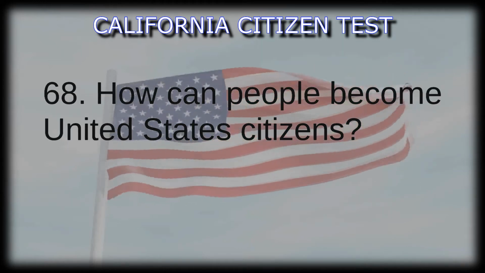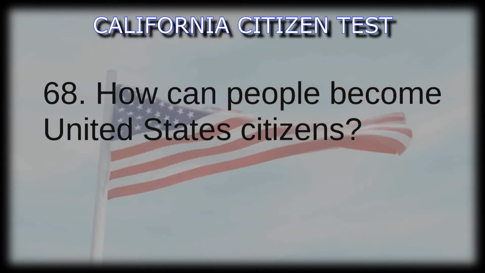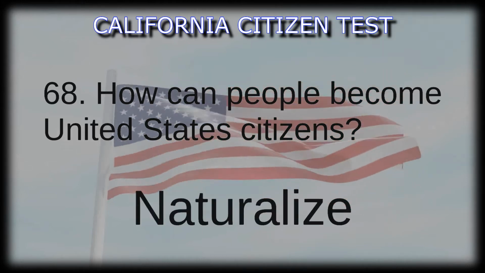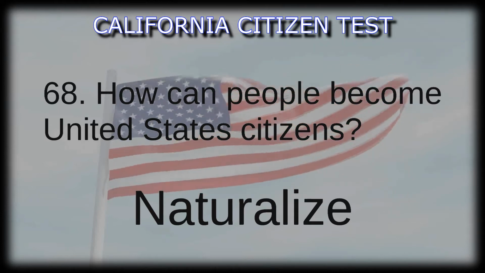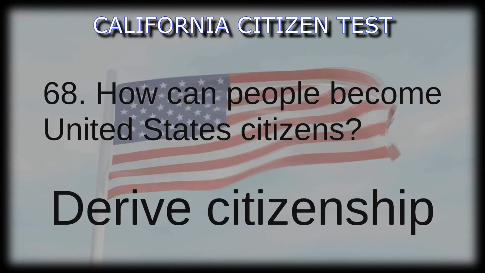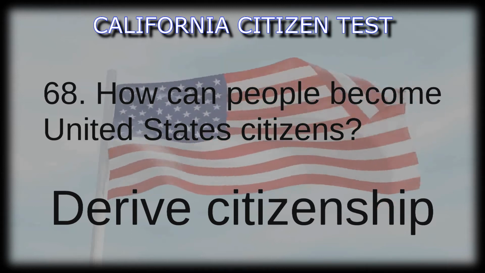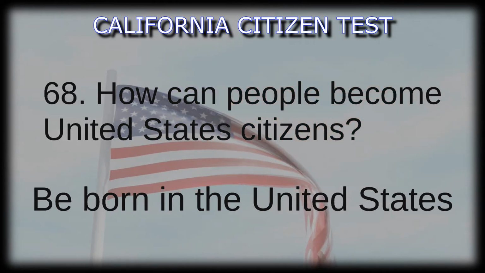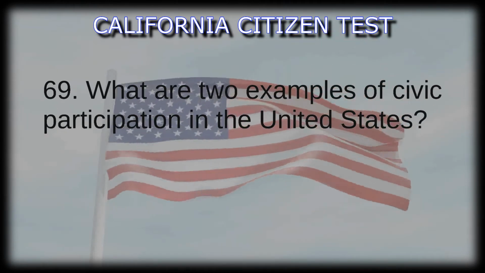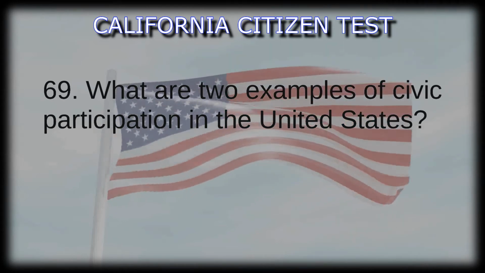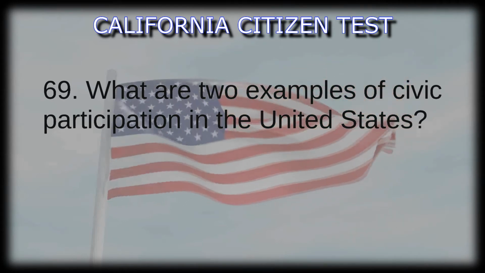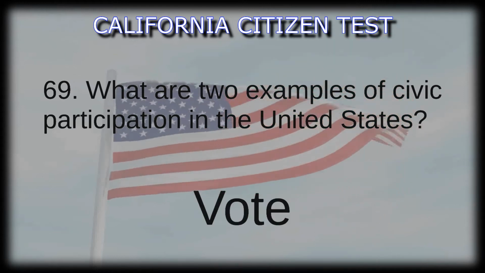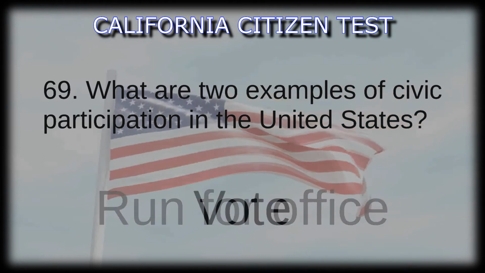68. How can people become United States citizens? Naturalize. Derive citizenship. Be born in the United States. 69. What are two examples of civic participation in the United States? Vote. Run for office.